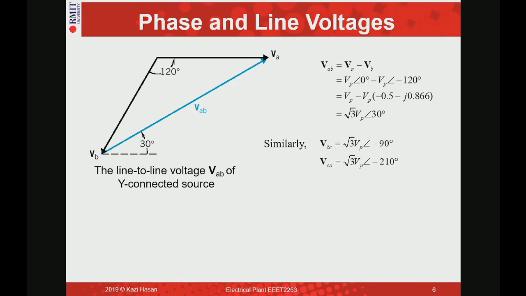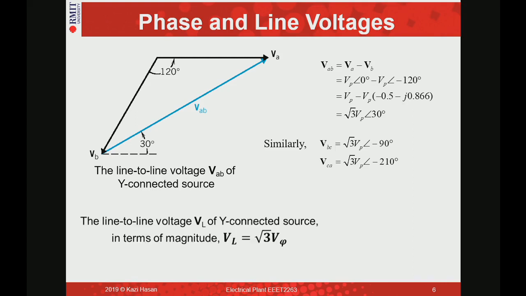So what we have in these equations: on the left side, line to line voltage or line voltage; on the right side, phase voltage. So we can come up with this conclusion, and it is very important to remember this.